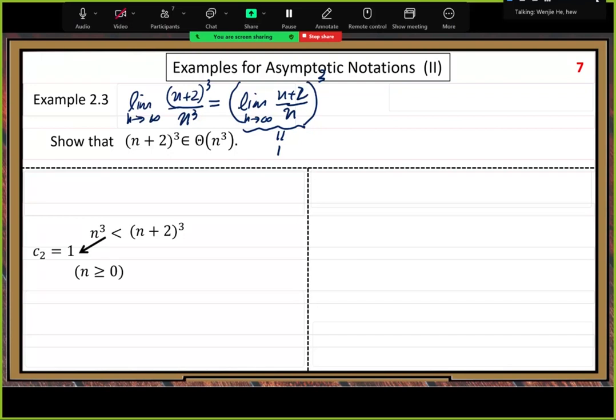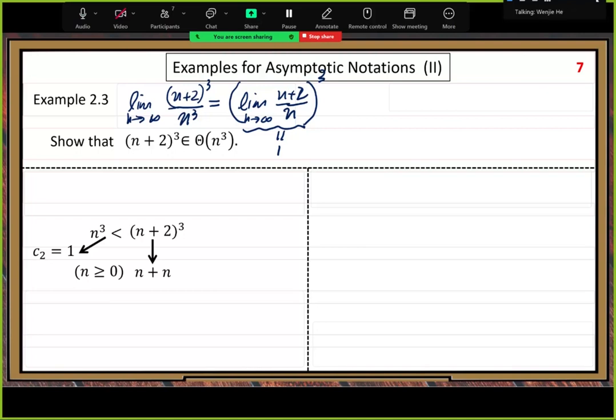Next, the upper bound. We need to find the constant C1 such that C1 times n cubed is greater than or equal to the f function. For the upper bound, first we find the upper bound for the function inside the parenthesis. We do not look at the exponent, only the base part.